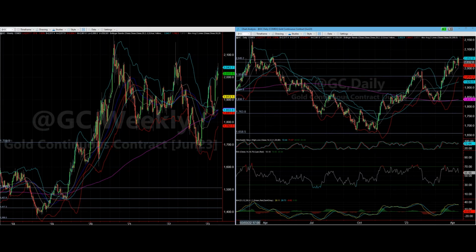In gold, the 2045 level held on a closing basis for the week. I think that we're getting toppy in gold. I think we're much more likely to trade down to this 1959 area rather than bust 2045 and keep on going north.